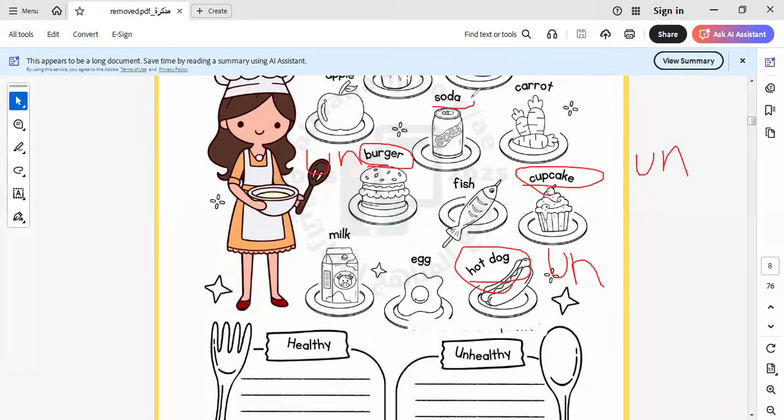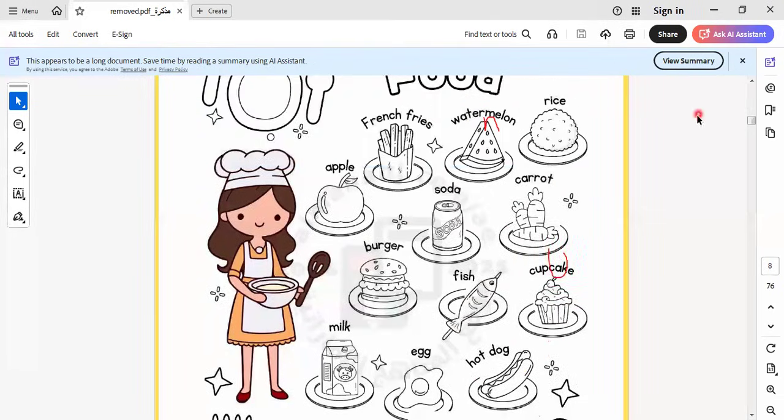Soda is one of the unhealthy drinks. Here is other food that is unhealthy. So here we also have French fries, which are unhealthy.